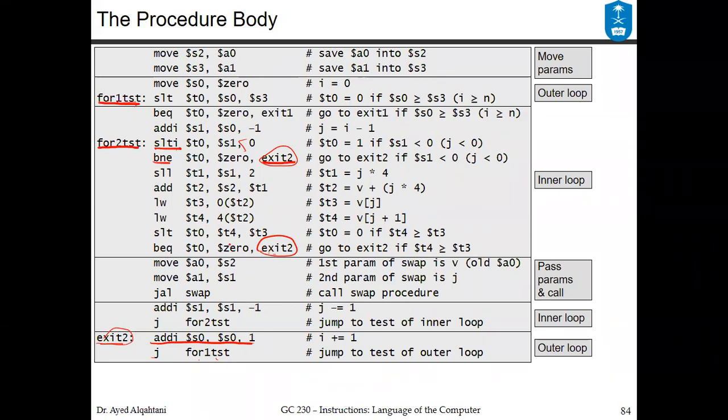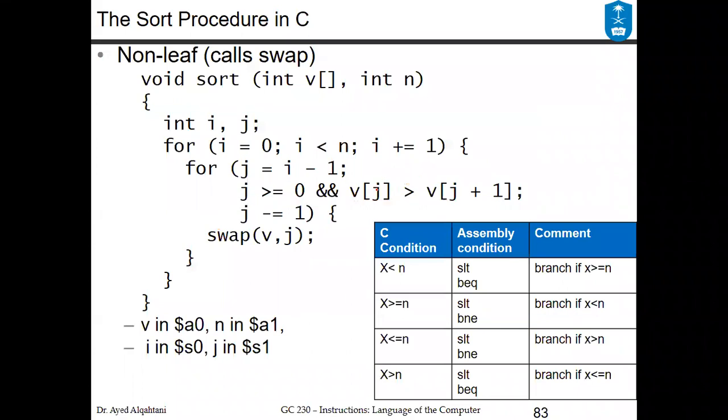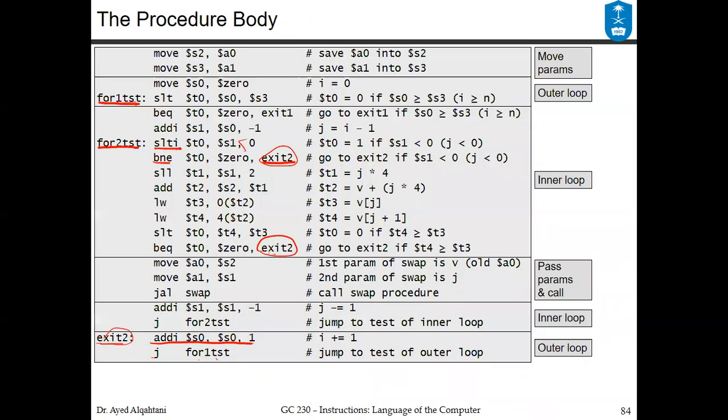But what we did here, since this comparison will take a few instructions, because you need to prepare the v of j, and then you prepare the v of j plus 1, and then you do the comparison by using the set less than followed by branch equal. And this is what we did here, following this line.